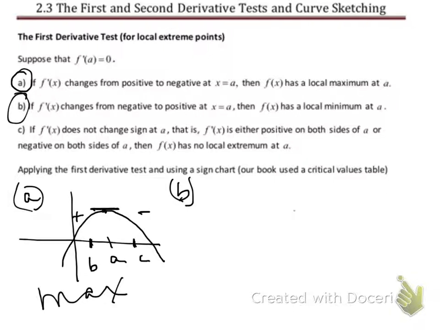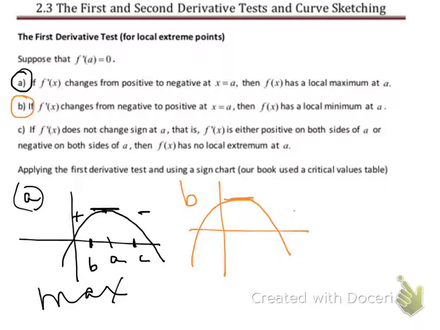Maybe I'll change my color. Alright, so for case B, they're saying that the slope is changing from negative to positive. So I'm looking for a min this time.